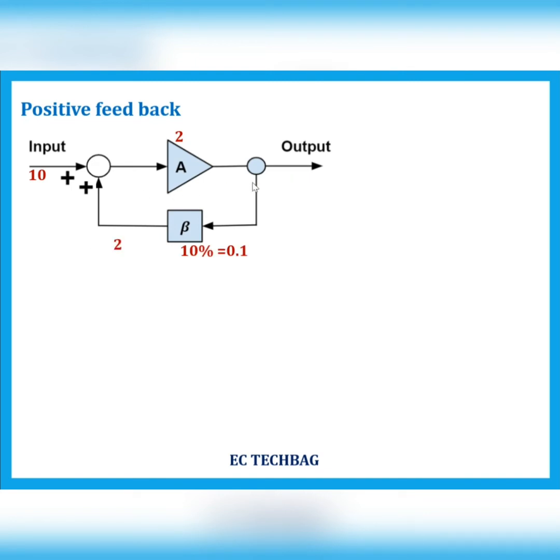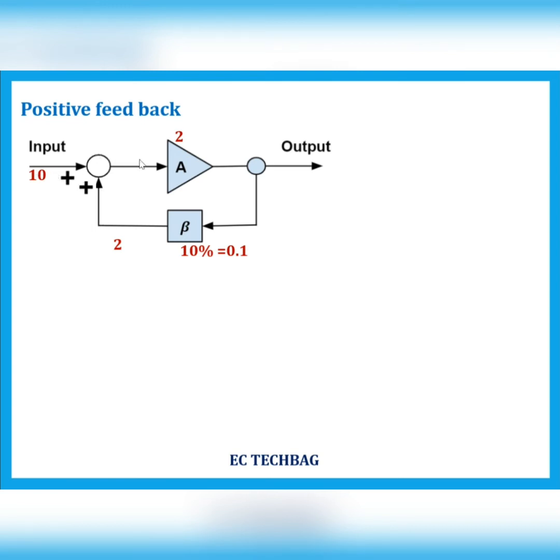So 10% of this 20 volt is 2. So the feedback is 2, right? 10% of our output voltage 20 is 2. That 2 is fed back to the input. It is a positive feedback, so it gets added with the input.